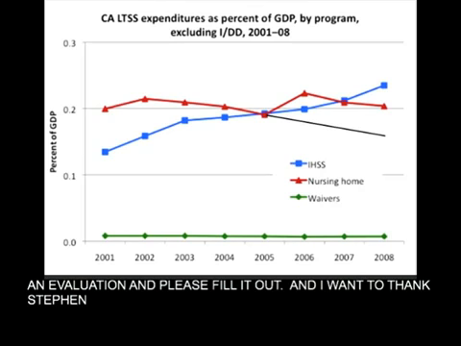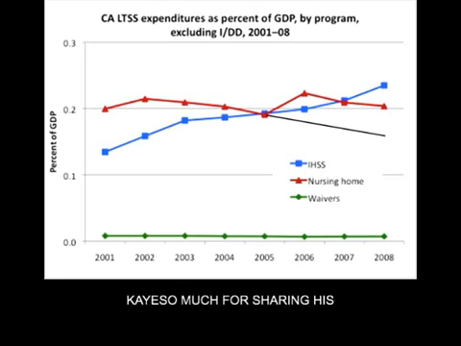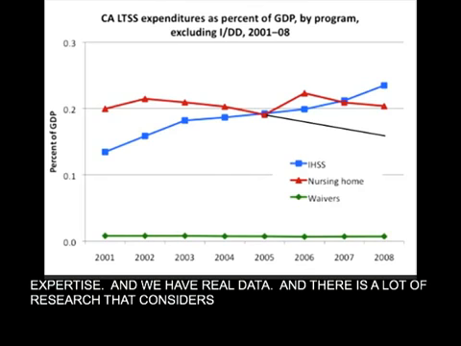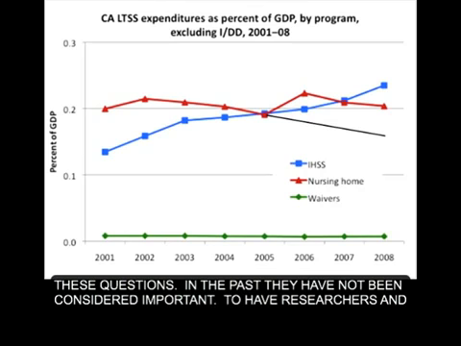And I just want to thank Steve Kaye so much for sharing his expertise. I think one of the big things here is that we have some real data, some real academic research, and there's been just a dearth of research that considers these questions, because in the past they just haven't been considered important.